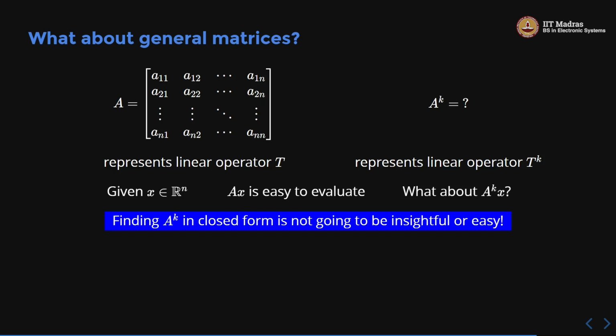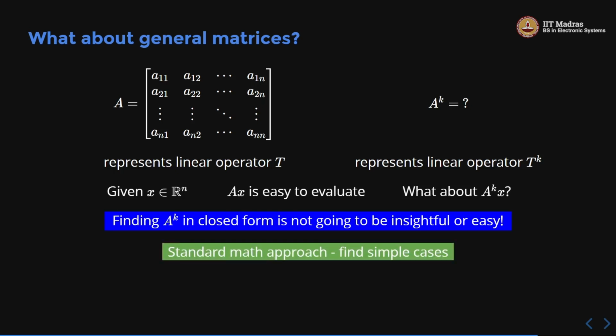Here is an important idea. This idea will lead us to the next topic, which is a very, very important topic in all of matrix theory. And here is the simple idea. We always use the same math approach: instead of looking at a hard problem, you try to find some simple cases, see what happens in the simple case, and see if the general case can reduce to that. Here is a simple case.